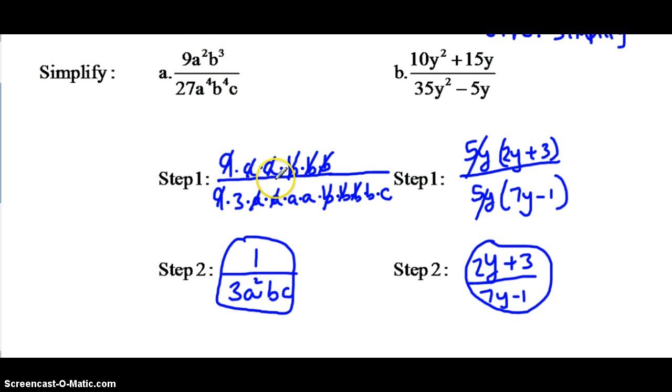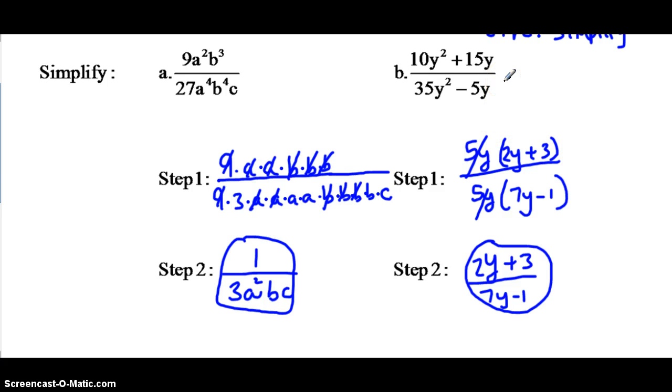A squared is A times A, and B cubed would be B times B times B. And then I did the same with the denominator and looked for the common factors and canceled them. Once we've done that, what's left in the top is just 1, and in the bottom is 3a squared bc. So our final answer for part A is 1 over 3a squared bc.